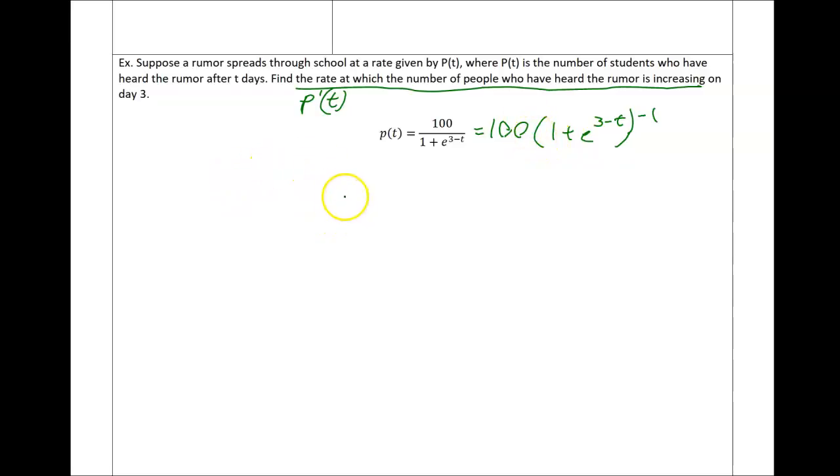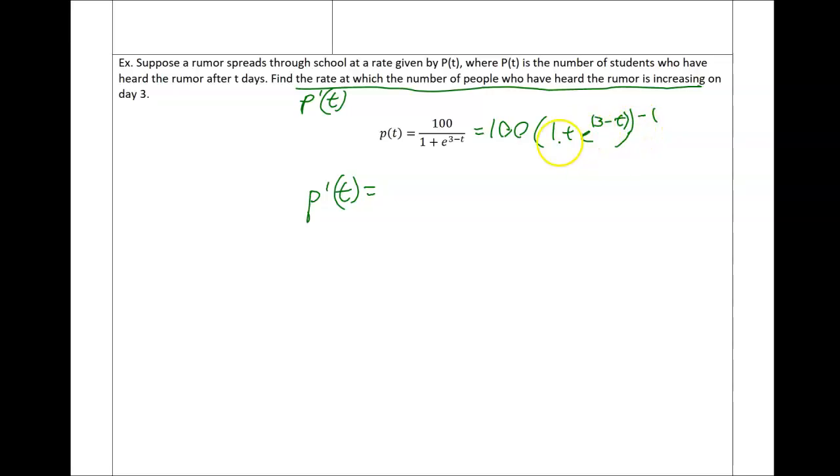Okay? And then to take my derivative, p prime of t, well, I now have a function within a function within a function. So my inside function is the top of the e. And then after that, I have this 1 plus e to the 3 minus t function as my second function.